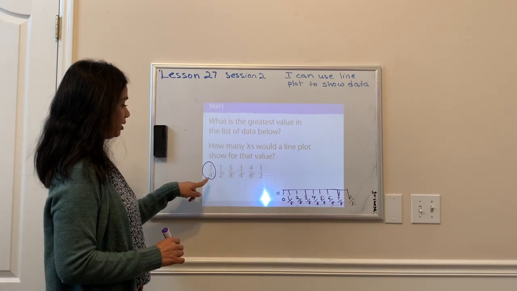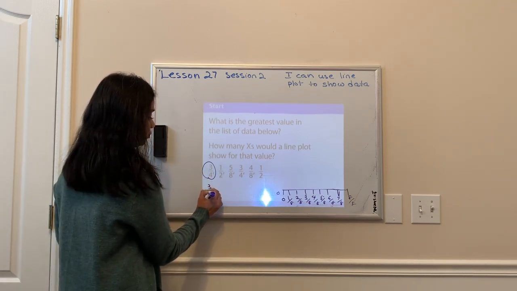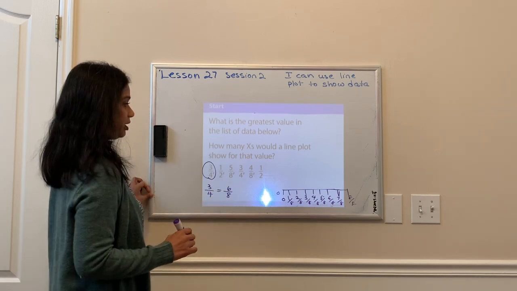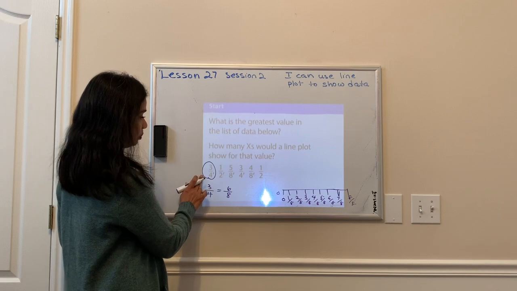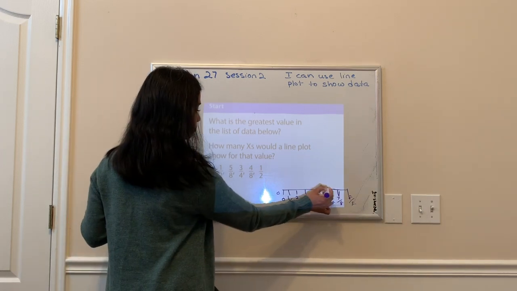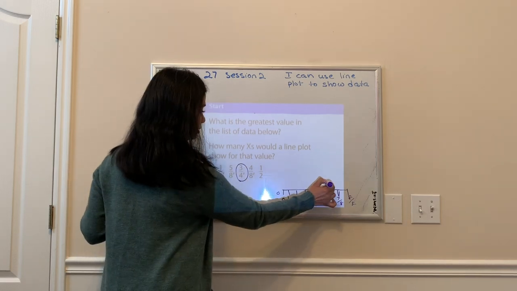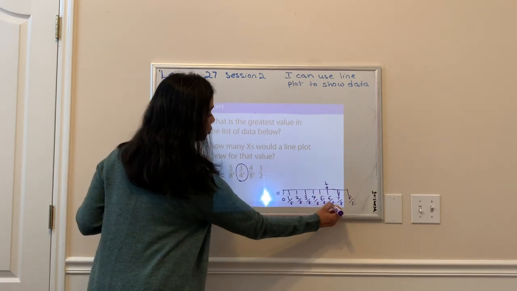And what is the equivalent of 3/4? If it was in 8ths, it would be 6/8, right? So that would be here, but we would have two of them because we have two 3/4. See? So that's 6/8 or 3/4.